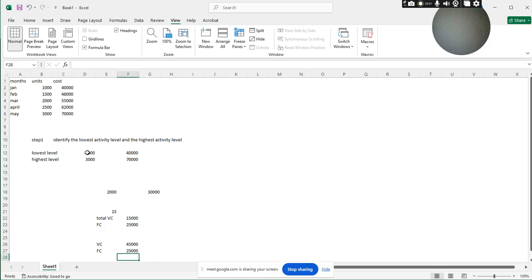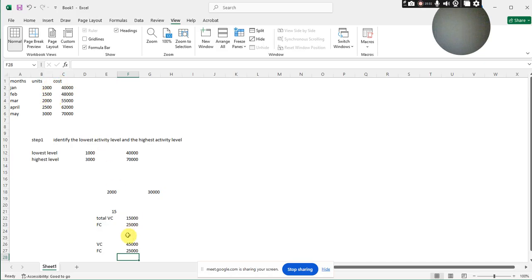We produced 1000 units in January, so if you multiply the 15 naira by 1000, we have this 15,000. That's our total variable cost.